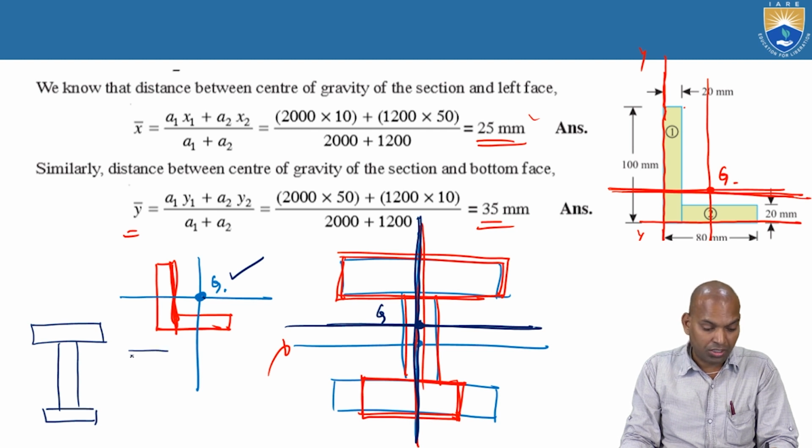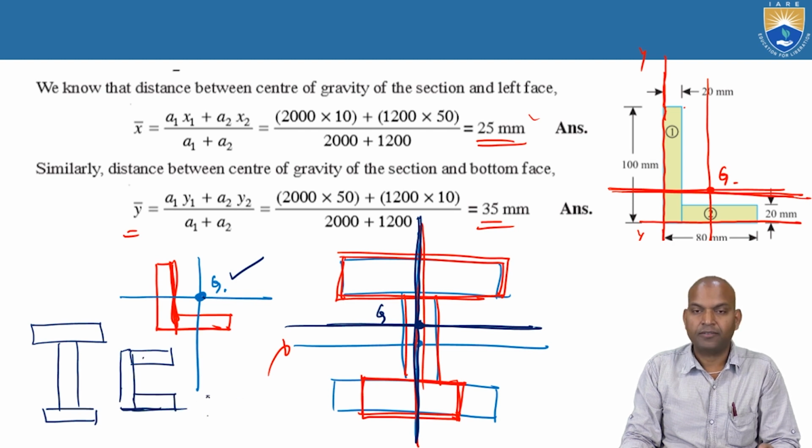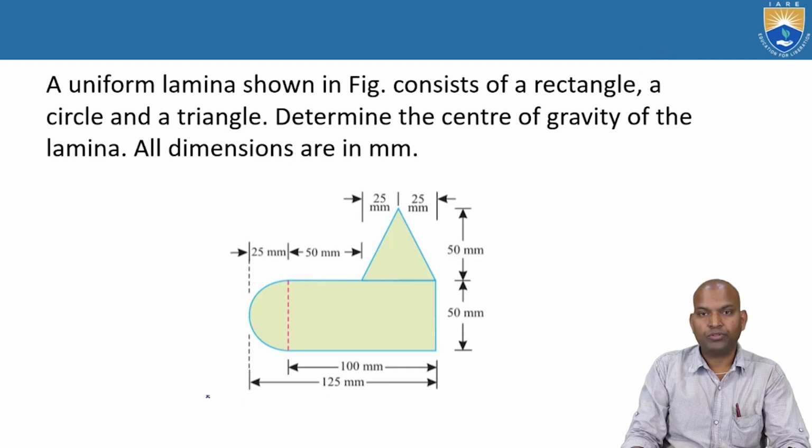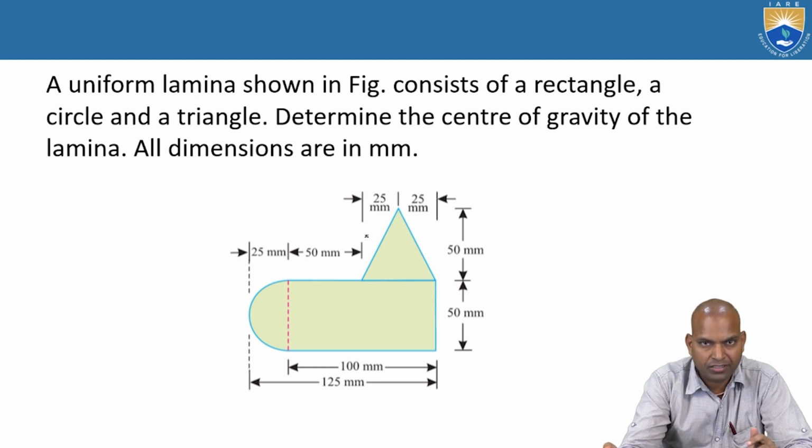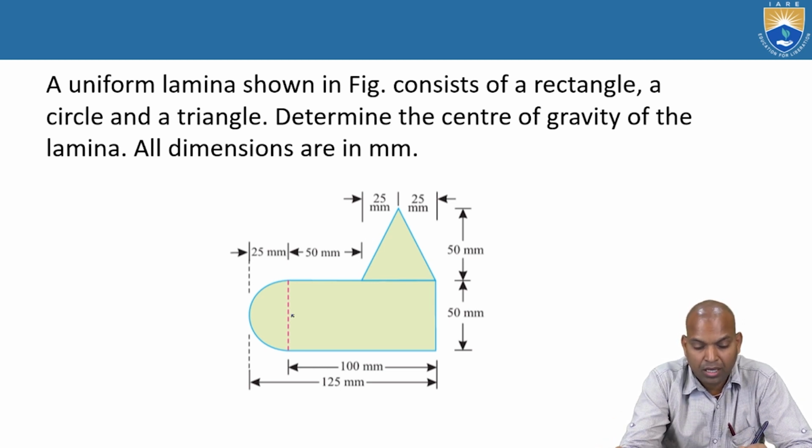And the channel section also we have studied in previous sessions. The channel section has three rectangles. But suppose here it is a rectangle and semicircle, parallelogram, semicircle and triangle, composite figures. For this type of plane, how do we find the centroid?